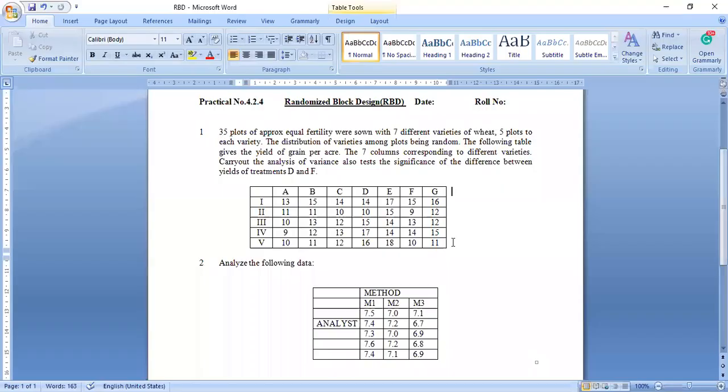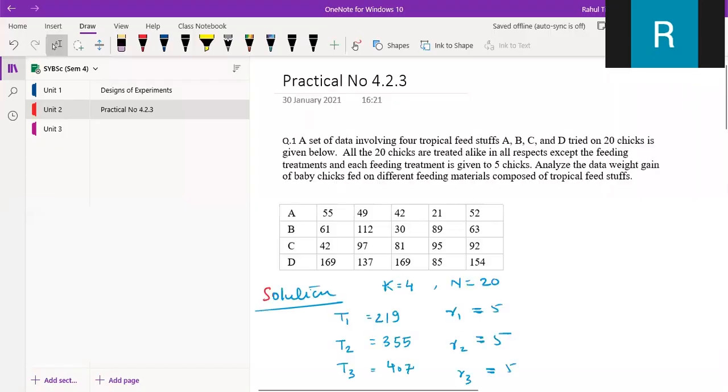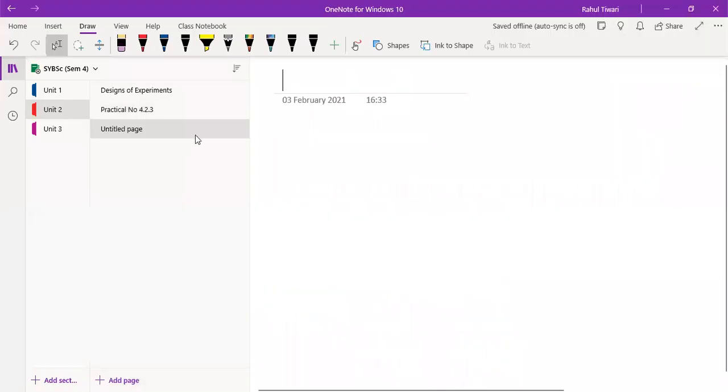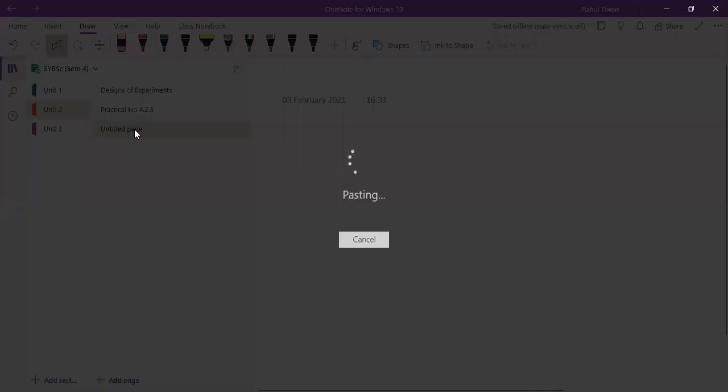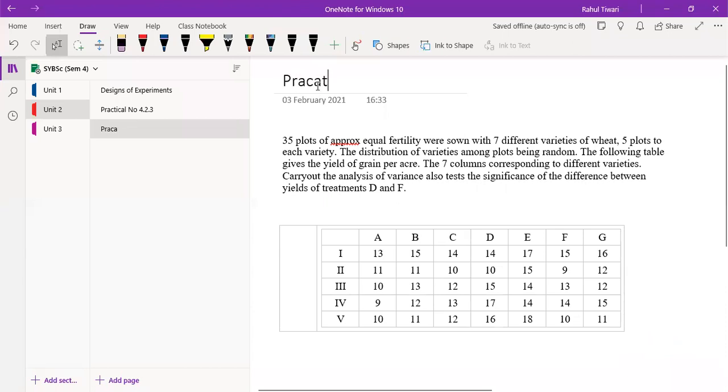So I'm just going to copy this and paste it in your unit 2, which is practical number 4.2.4.